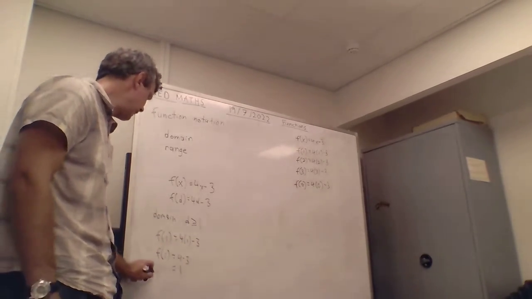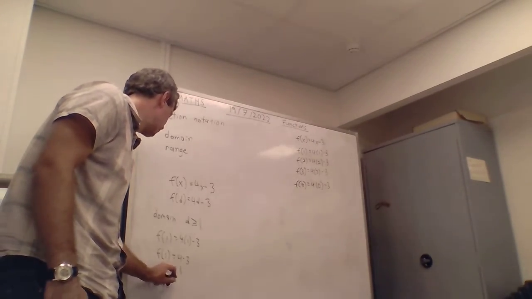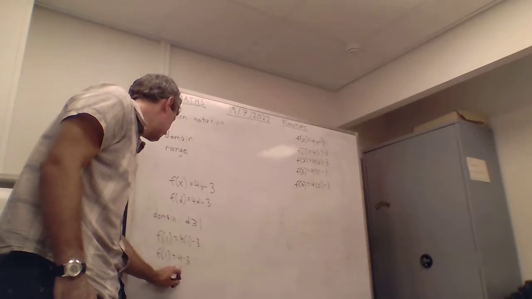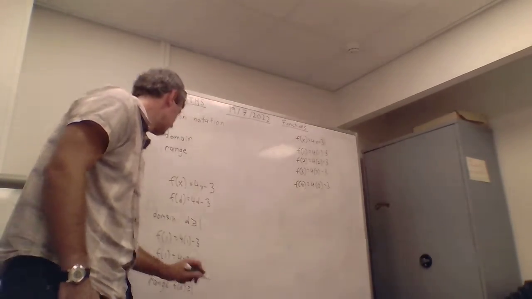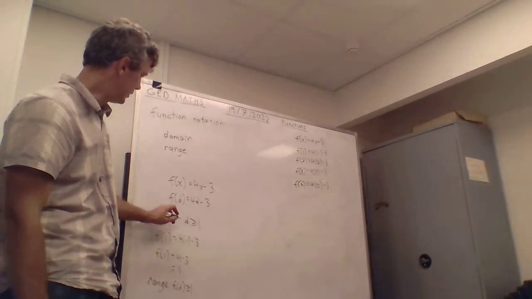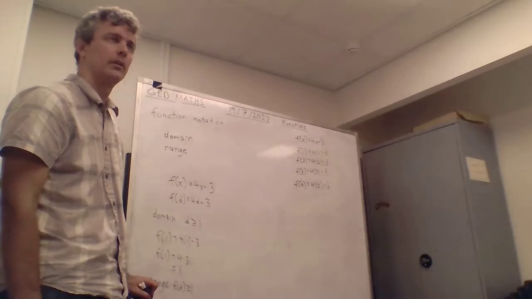So actually in this case, the range is also f of d is greater than or equal to 1. So d is greater than or equal to 1, and the function of d is greater than or equal to 1. In some ways this is a bit confusing here.